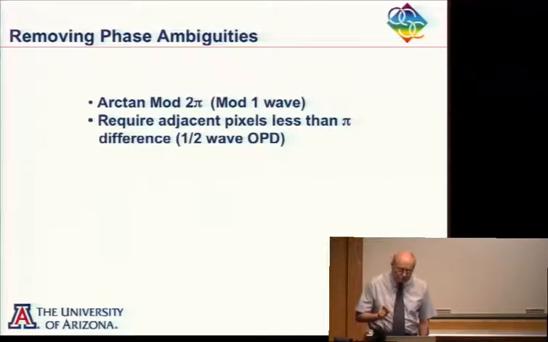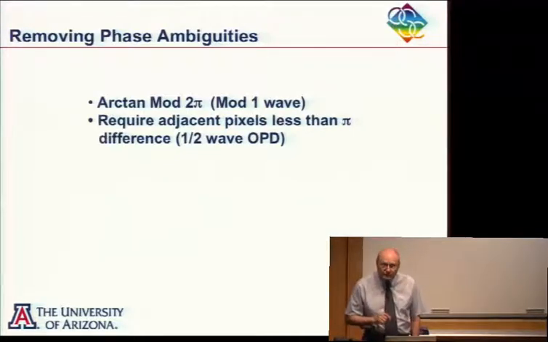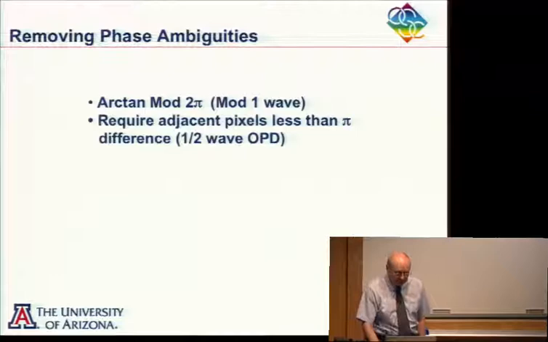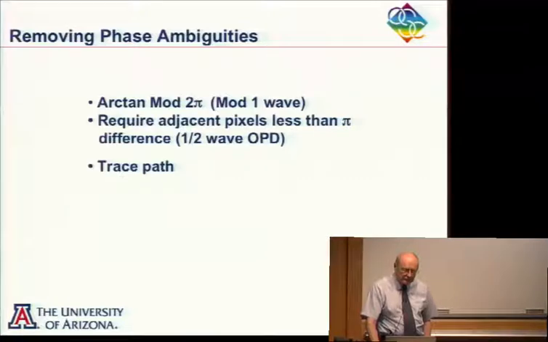That is saying that I have at least 2 detector elements over a fringe. I'm sampling a fringe at least 2 times per cycle. So it's sort of like the Shannon sampling theorem that you probably have heard of. This is going to put a limit on how steep a slope I can measure. Between pixels, the phase difference has to change by less than pi.